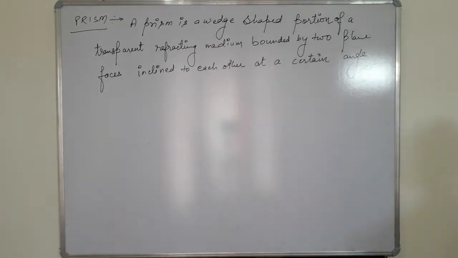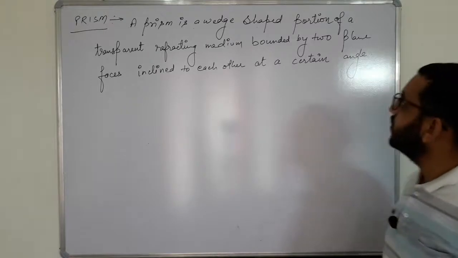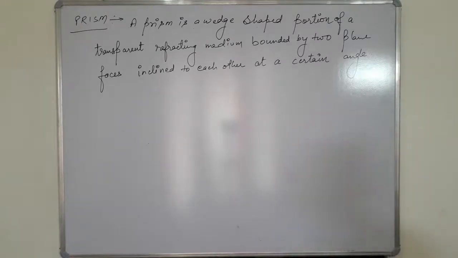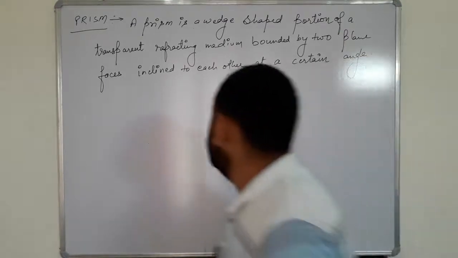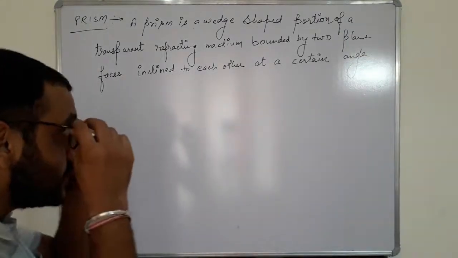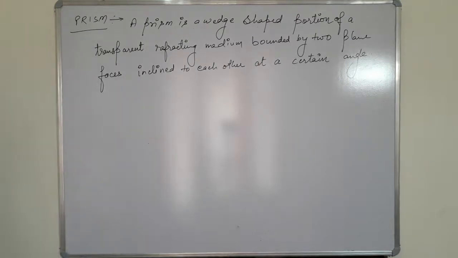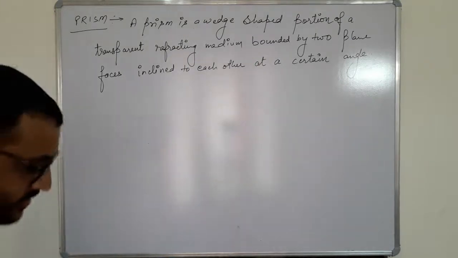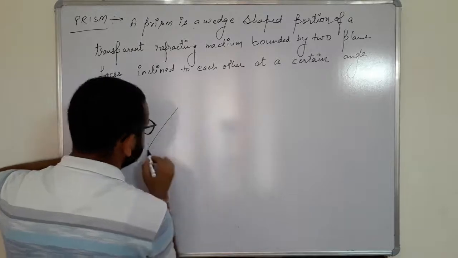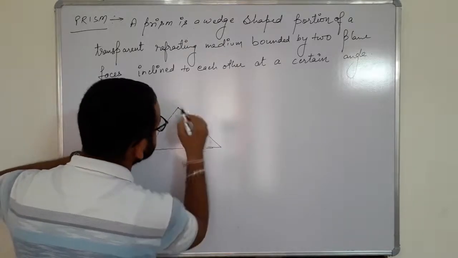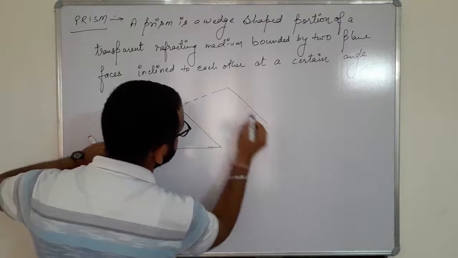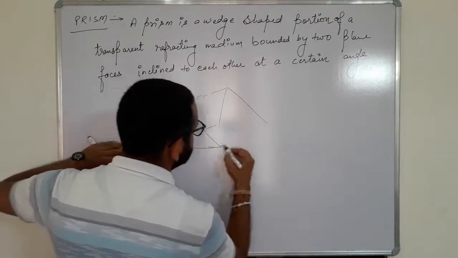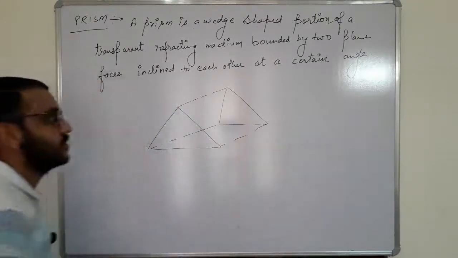A prism is a wedge shaped portion of a transparent refracting medium bounded by two plane faces inclined to each other at a certain angle. Suppose we have two planes like this. इस तरीके के दो प्लेन्स होंगे और ये इस तरीके का आपका वेज शेप्ड प्रिज्म होगा.